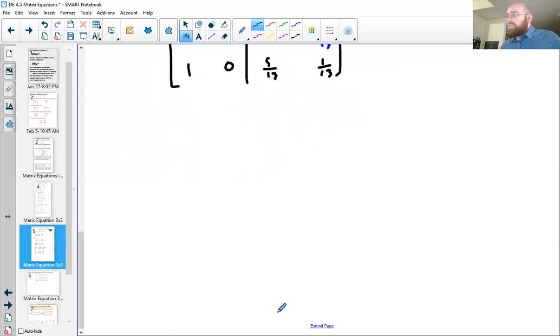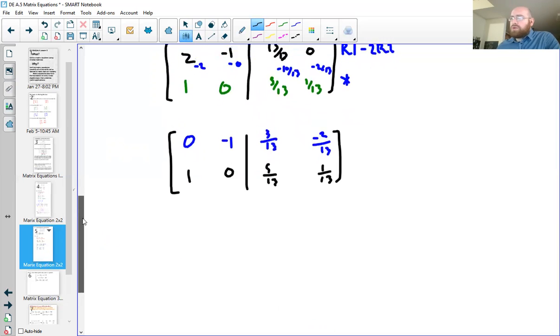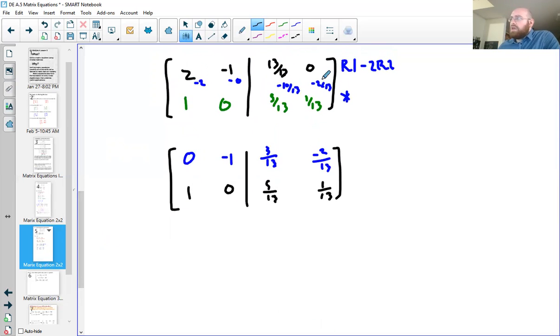We're getting really close to finishing this one. The next step is we want to do two things, and I'm going to do them at the same time. So first, I'm going to do negative row 1 so that we can change the sign.